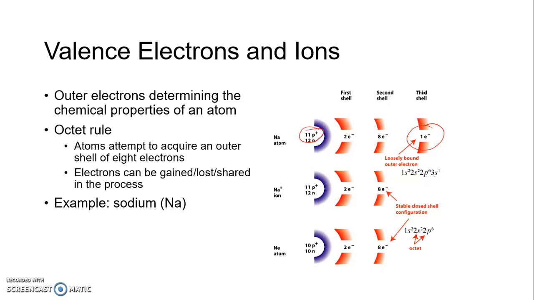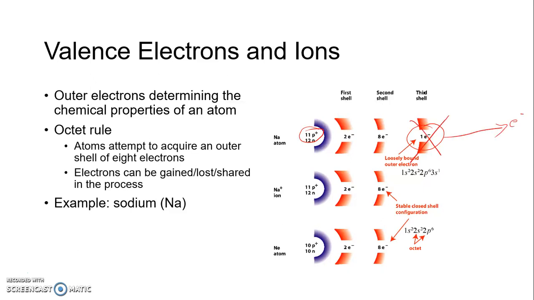Now, here we follow the octet rule, which states that atoms try their hardest to only have 8 electrons in the outermost shell. And they can do this by either gaining electrons, losing electrons, or sharing electrons. So in this example of sodium, the easiest way for sodium to attain this octet rule is for this 1 electron to be lost.